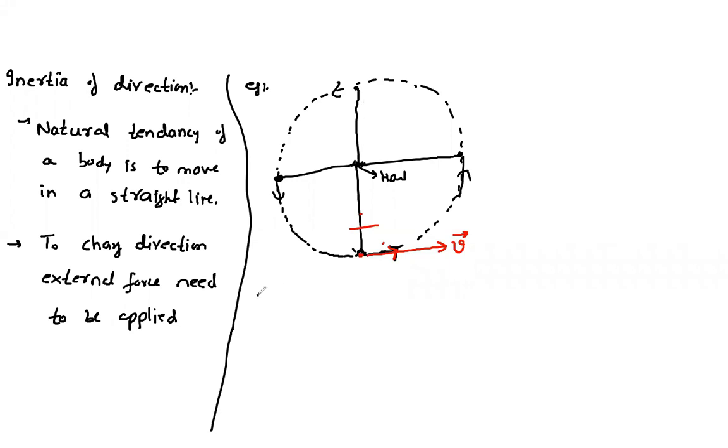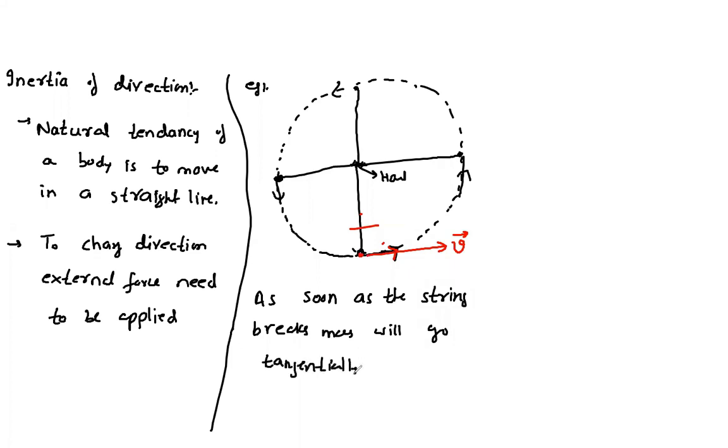So as soon as the string breaks, the mass will go tangential, because its natural tendency was to move in a straight line.